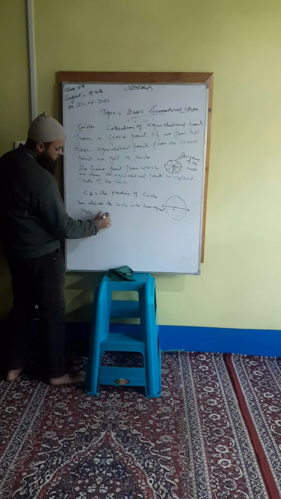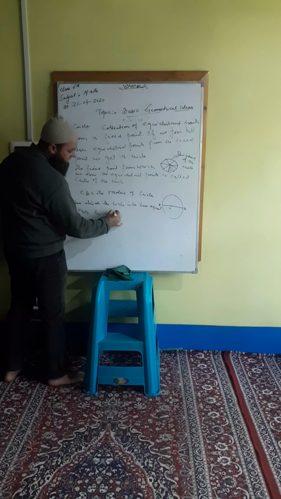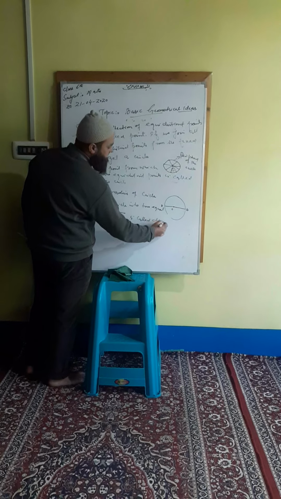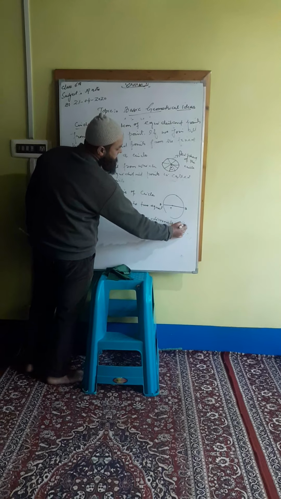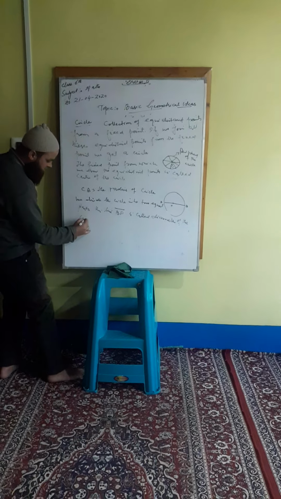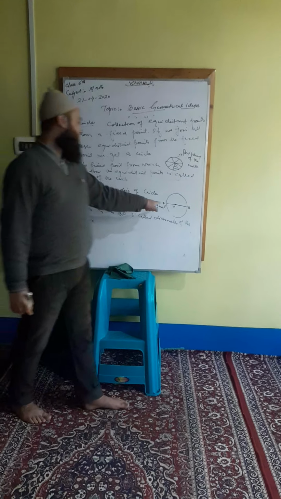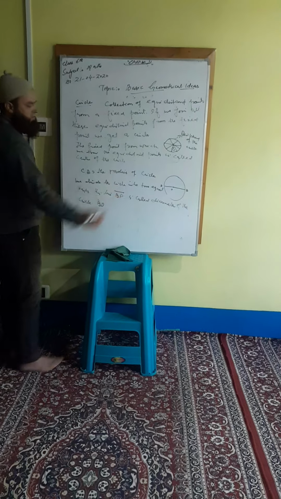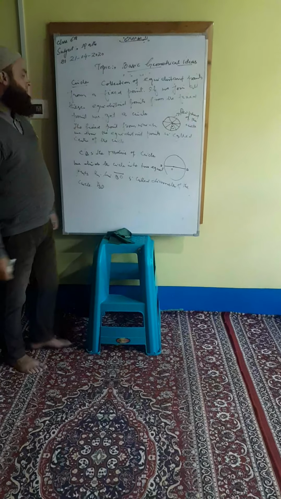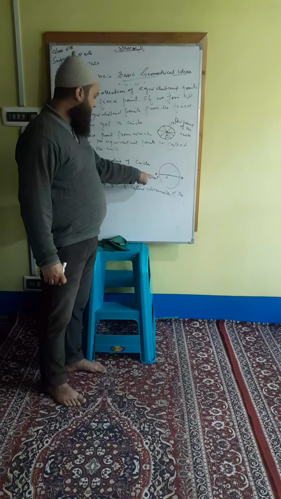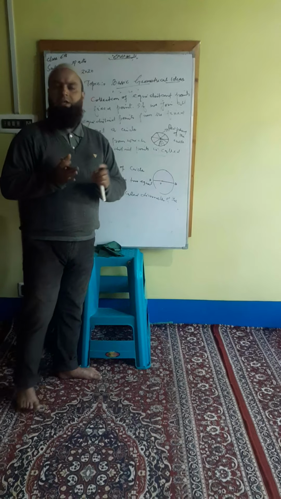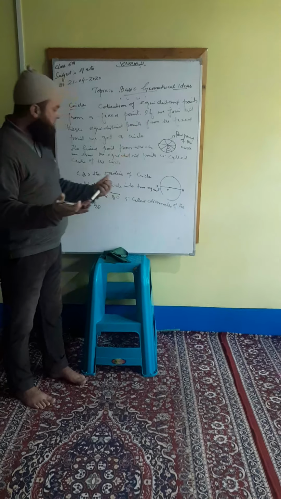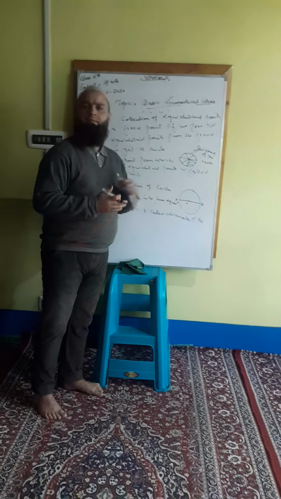This line segment BD is called the diameter of the circle. So we can also define diameter as a line which passes through the center of the circle and divides it into two equal halves.